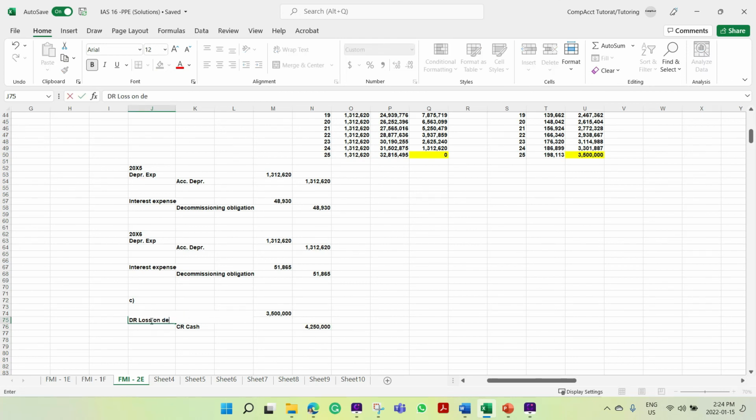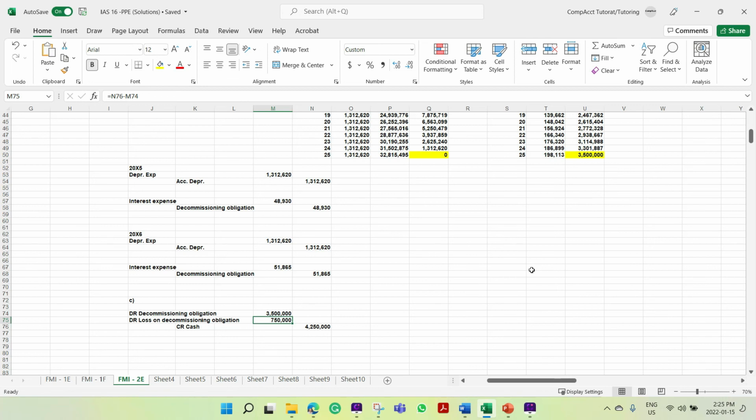Loss on decommissioning obligation, and that's going to be the difference between the two. It's 150,000, so that's the loss here. So that's the entry that I would record at that time in 25 years to account for the additional cost over the 3.5 million.